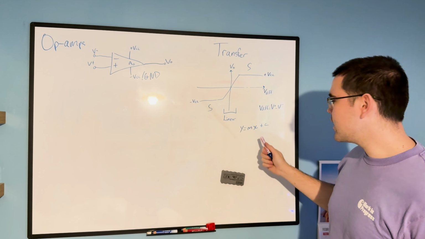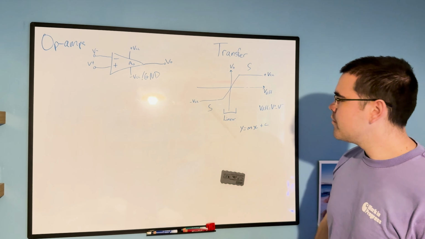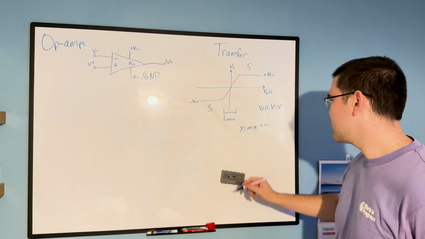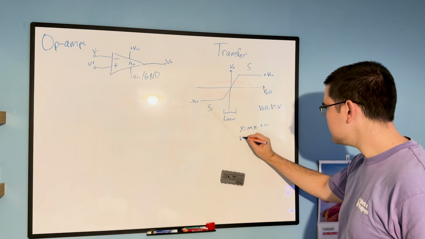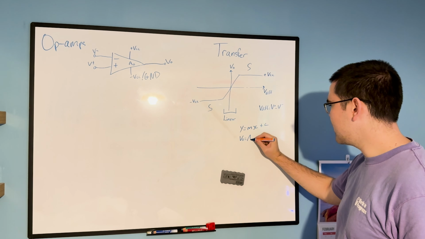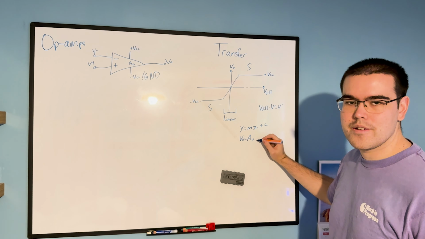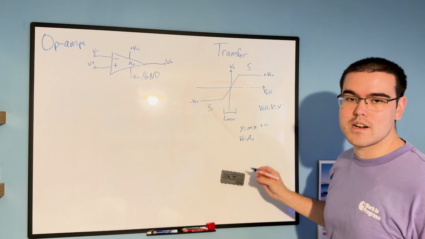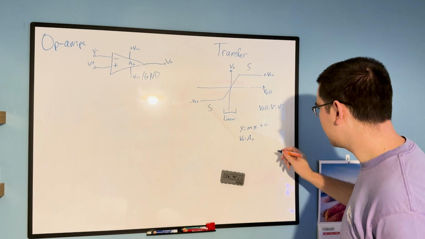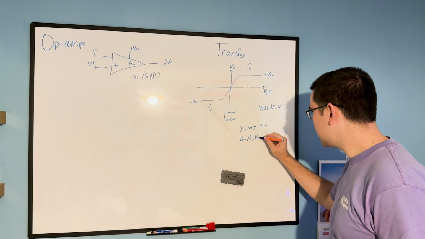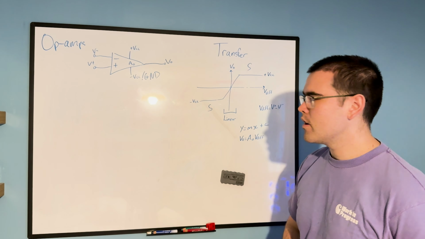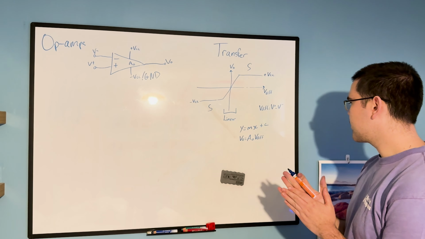The difference voltage is x, but what's m? What makes this different so that it can amplify linearly? That is none other than the gain. The open loop gain, or the closed loop gain, like you'll see in just a second. Okay, so we've covered this.